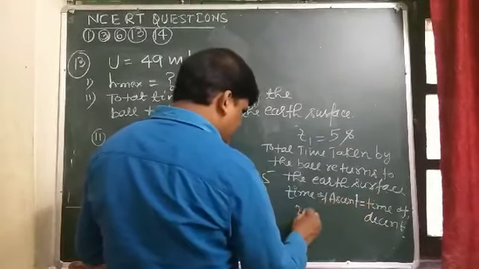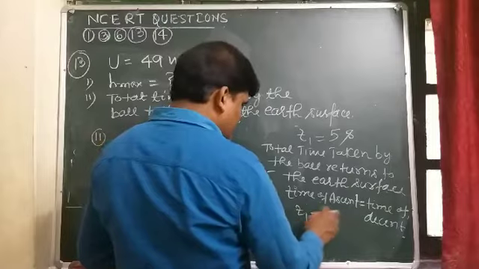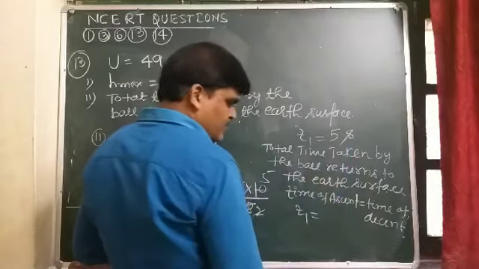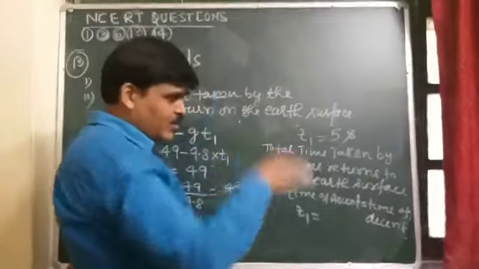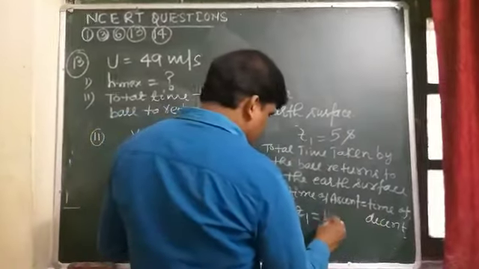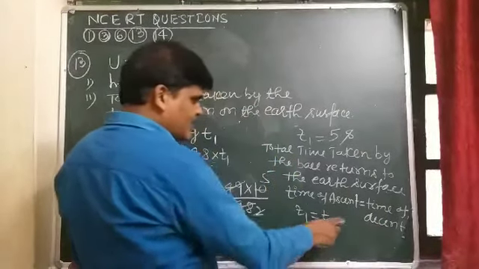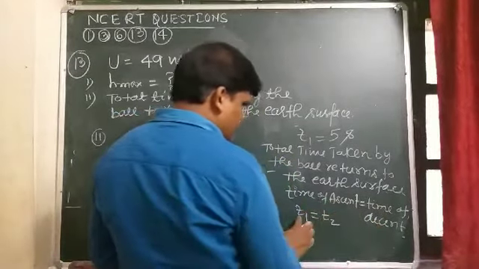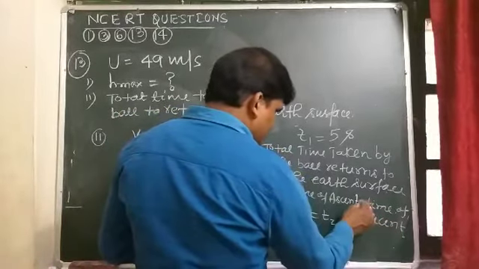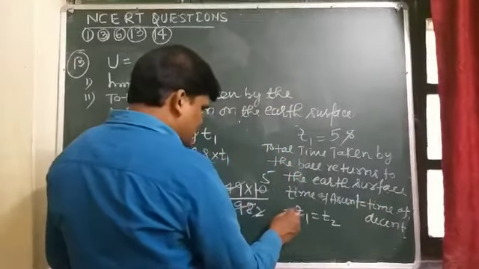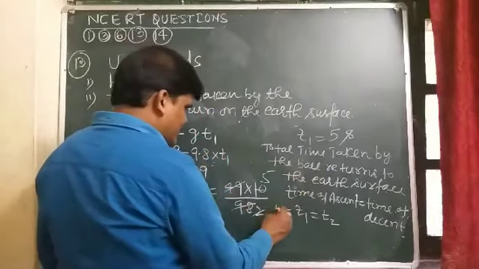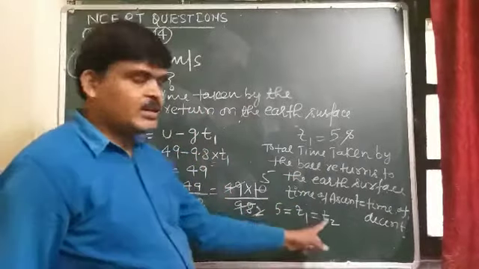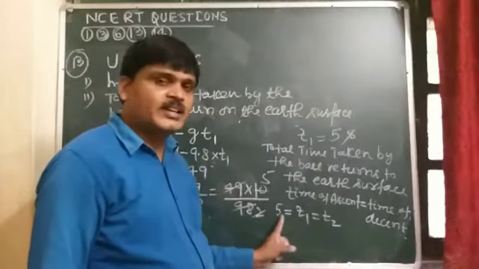Time of ascent we have calculated as T1, and time of descent, the time taken by the ball to return to the ground, is T2. We have taken time of ascent as T1 and time of descent as T2, and time of ascent is 5 seconds, so time of descent is also 5 seconds.